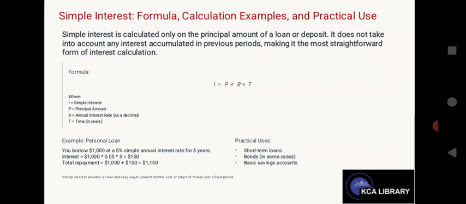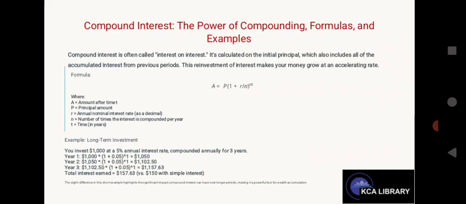So your total repayment becomes your principal plus the interest, which is $1,000 plus $150, which will give you $1,150. Simple interest provides a clear and easy way to understand the cost or return of money over a fixed period, and is used for short-term loans, bonds in some cases, and even basic saving accounts.